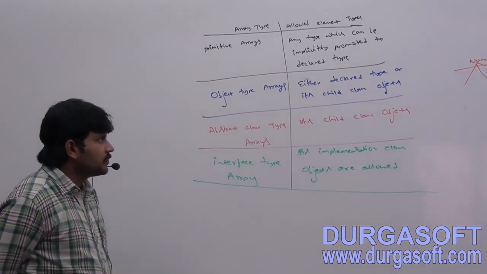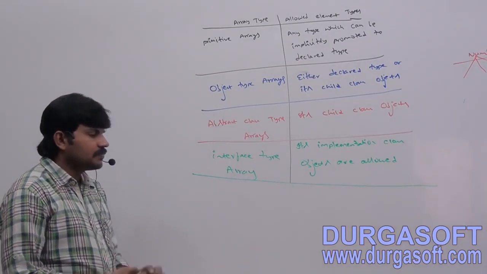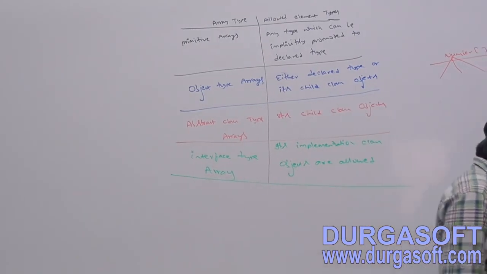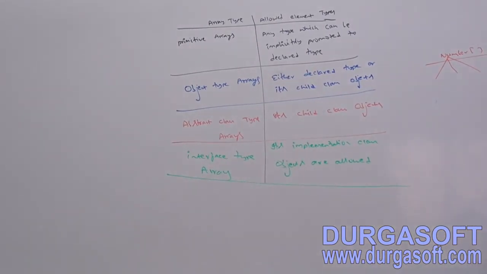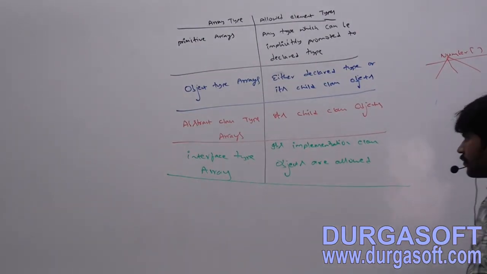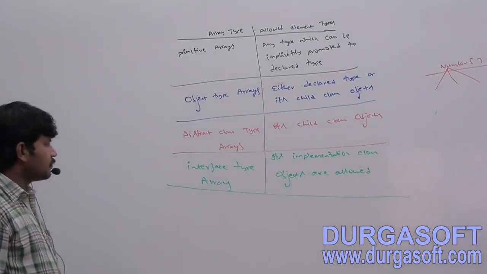Object type arrays: either the declared type or its child class objects. Next, abstract class type arrays: its child class objects are allowed.